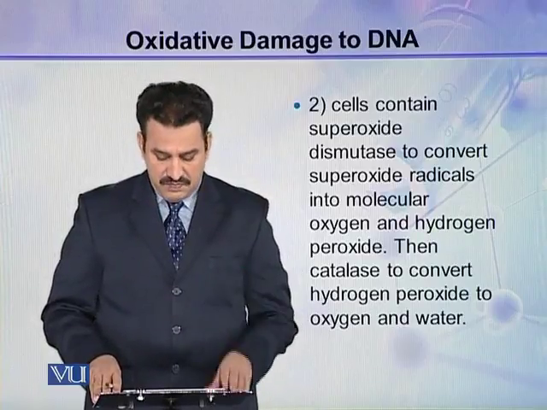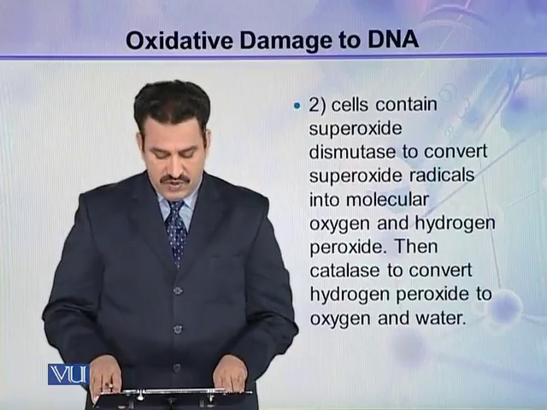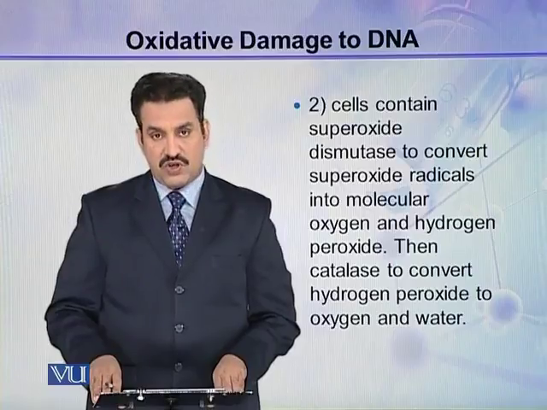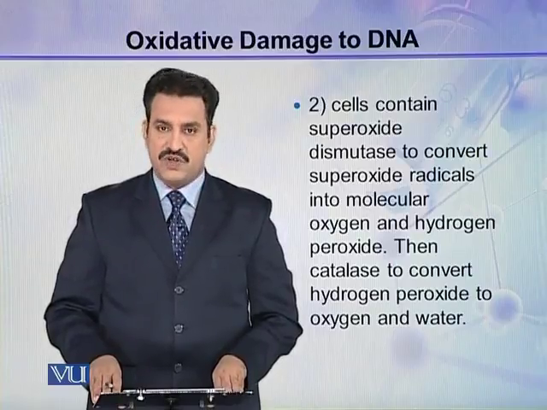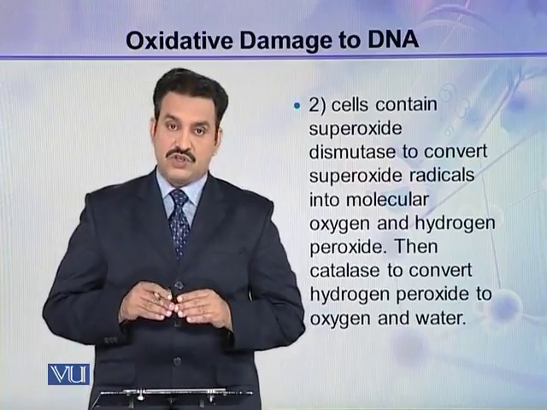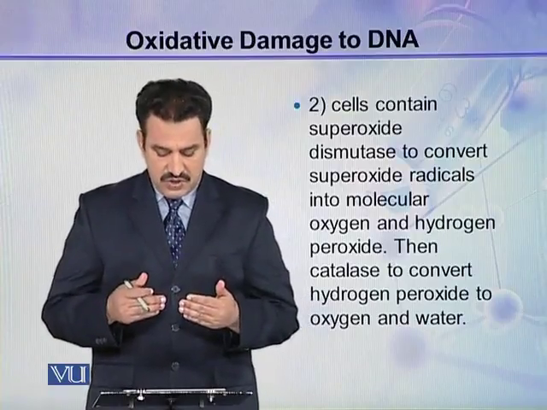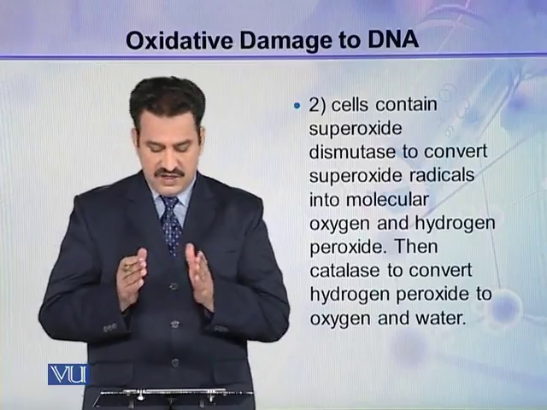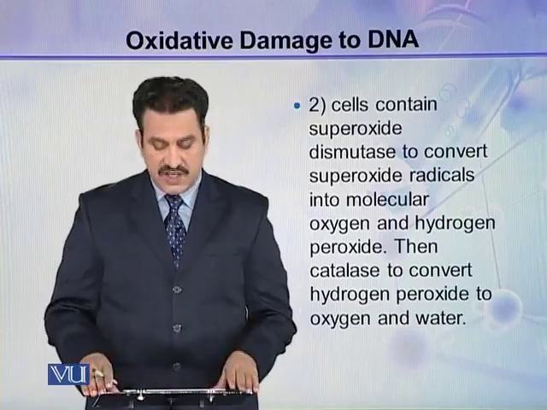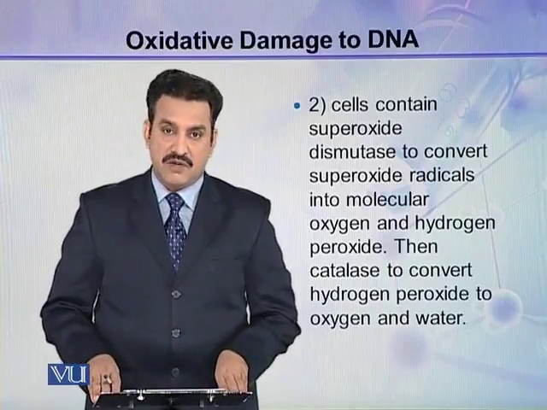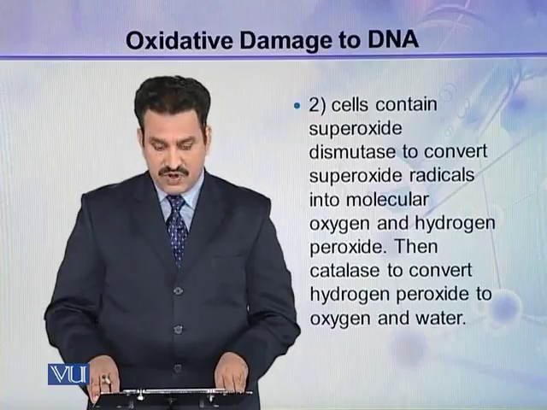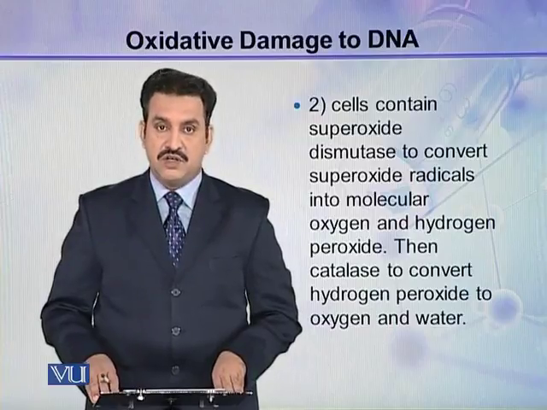This is an enzyme which is used to convert superoxide radicals into molecular oxygen and hydrogen peroxide. This hydrogen peroxide is then acted upon by another enzyme, catalase, which converts hydrogen peroxide to oxygen and water.